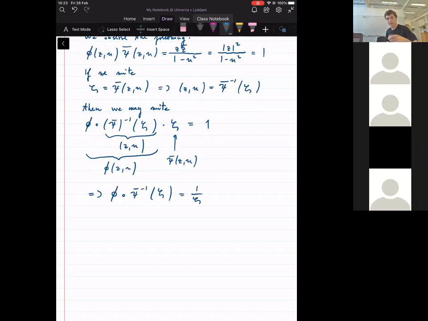So this is what we have been working towards in this exercise. This now means that this map is holomorphic. Not only is it holomorphic, it's biholomorphic on the complex plane without the origin. This map is its own inverse. So let's write this down.